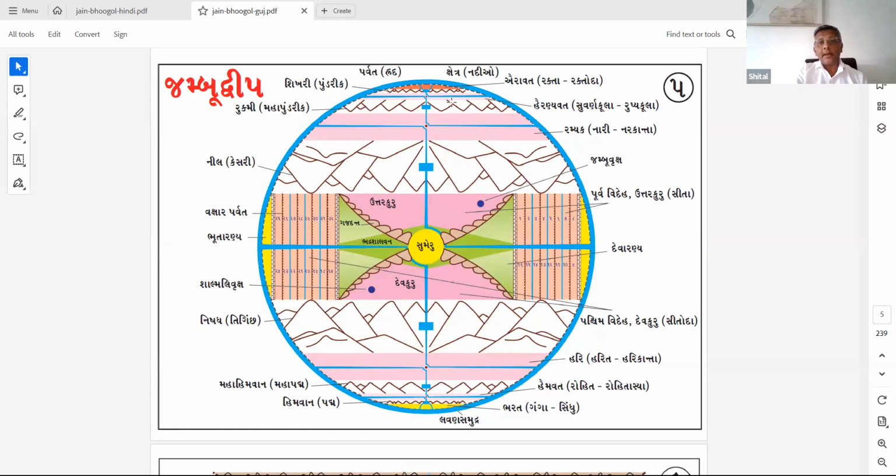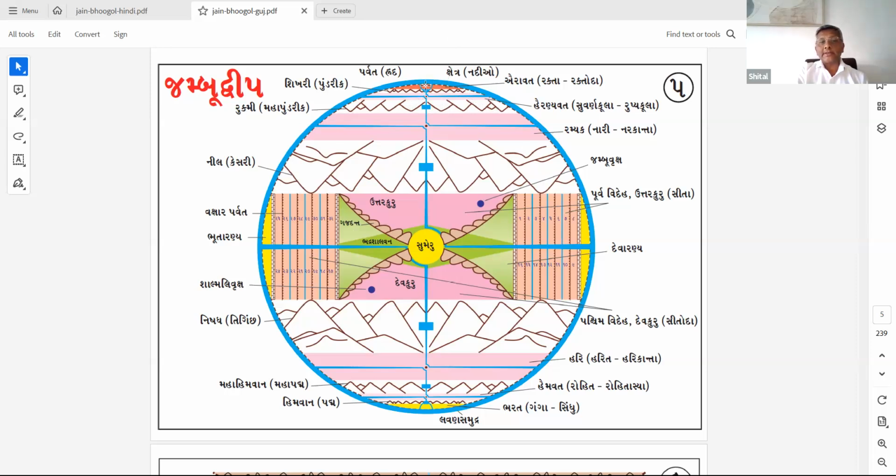It's important to remember some of these mountains. Kulachal Parvat. Very good. So these are the Kulachal Parvats that run from the west to the east, from the east to the west, rather. And because there are 6 of them, they divide this whole Jambu Dweep into 6 lands.